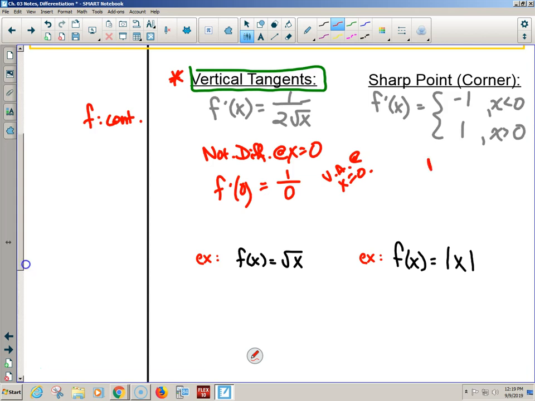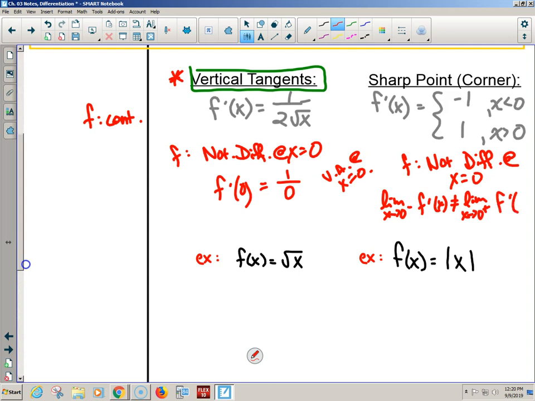Once again, we're looking at f's derivative, but we're talking about f. f is not differentiable at x equals 0. But why this time? Because the limit as x goes to 0 from below of the derivative does not equal the limit as x goes to 0 from above of the derivative, right?